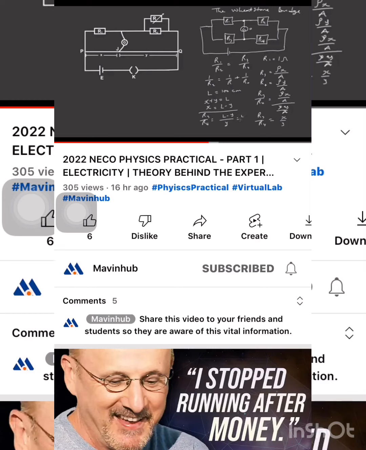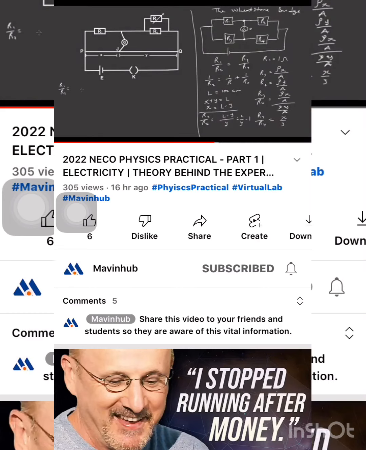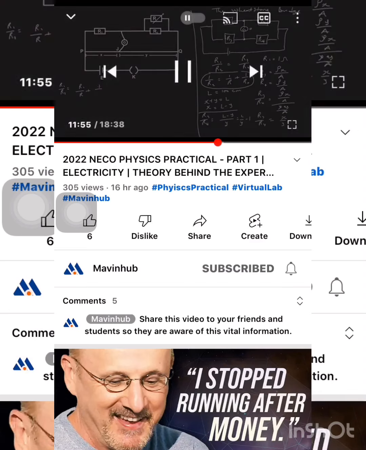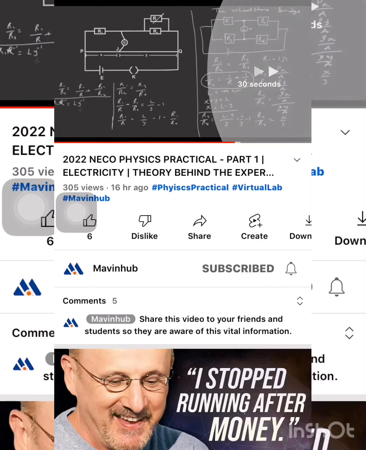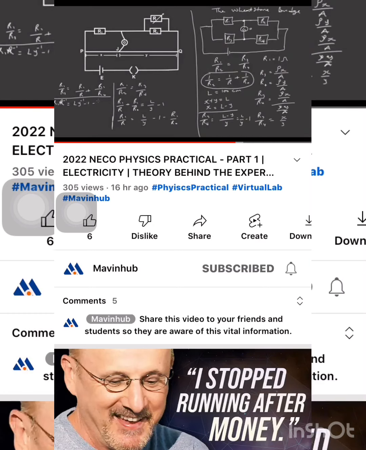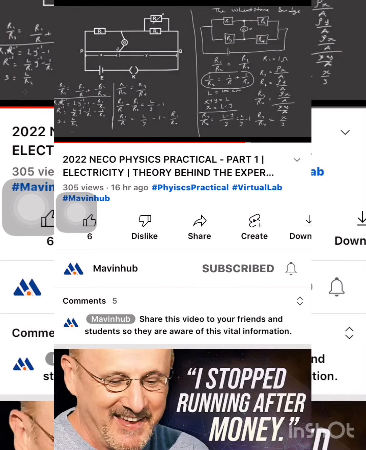Which means we can take that as L over Y minus 1. If you make R the subject, we're going to get R1 over R minus 1, minus 1 over R naught, equal to L over R1.